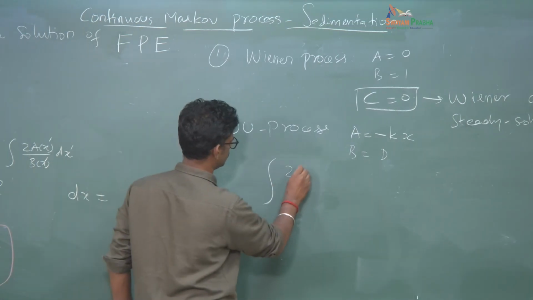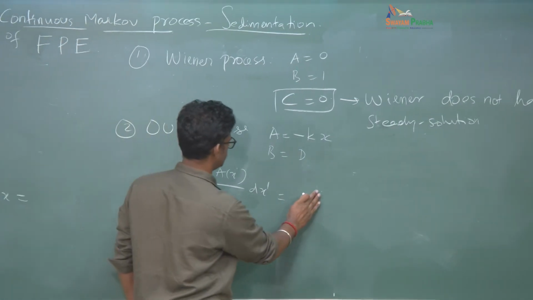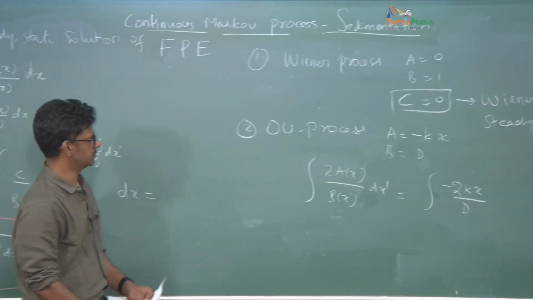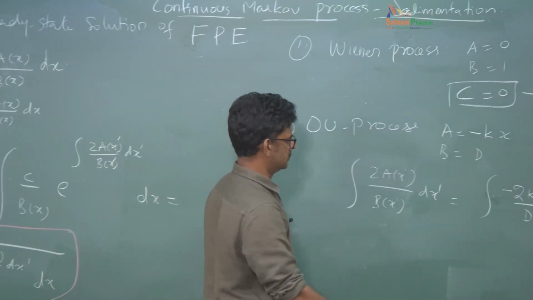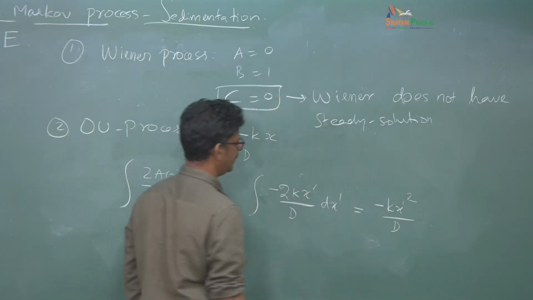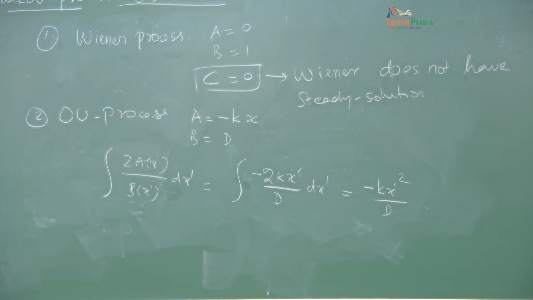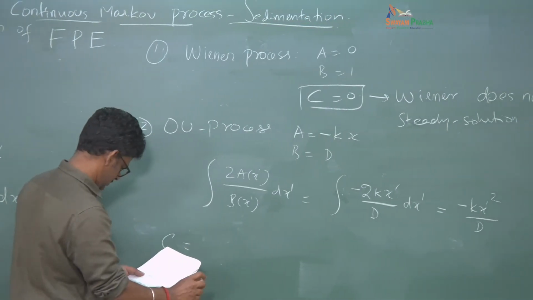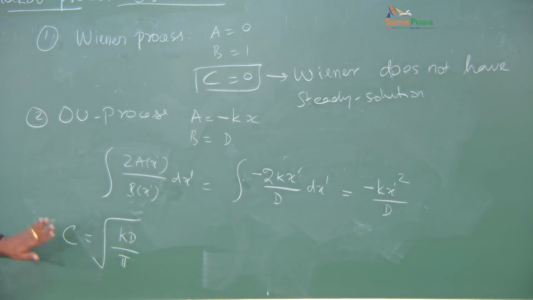This integral here becomes minus 2kx by D. So you get minus kx squared by D. When you substitute that, e power minus kx squared by D, and then integrate this, you will get C as square root of k by pi D. So C happens to be a finite constant in the limit 0 to infinity.